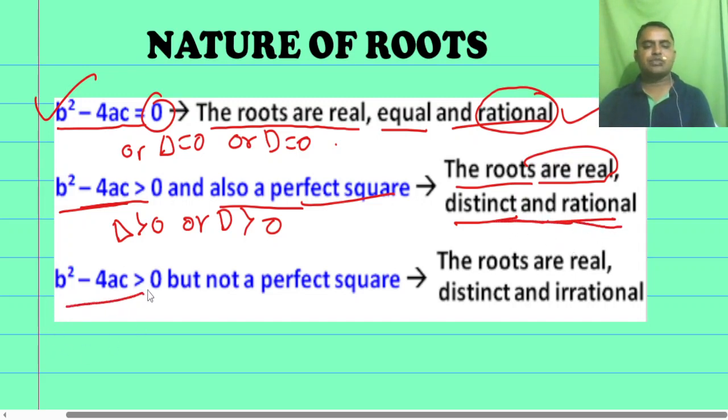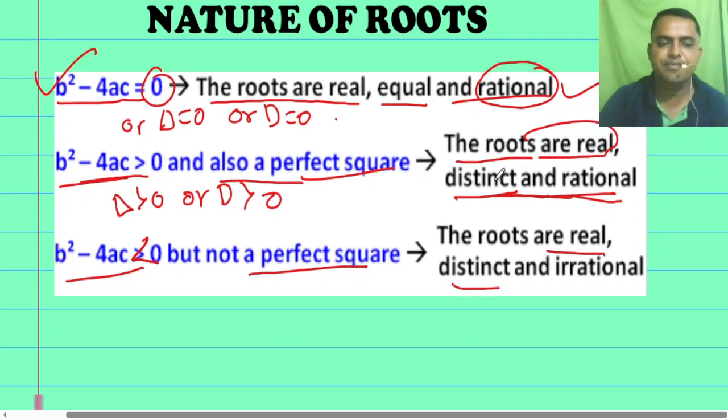If b square minus 4ac is greater than 0 but not a perfect square, then the roots are real, distinct and irrational.